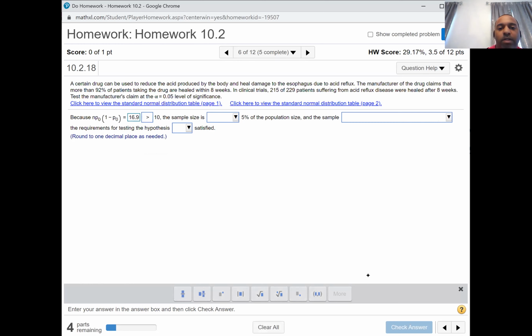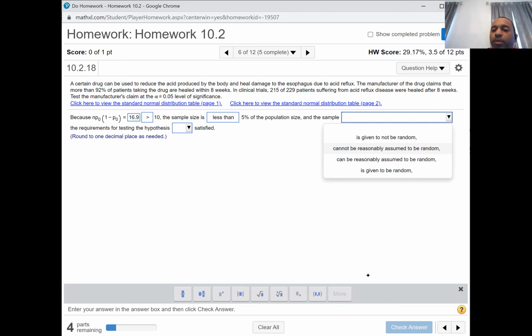It's going to be greater than. The sample size is less than 5%. So we can assume the sample size is going to be less than 5% because we got 229 people, but we are talking about a whole population. So if you only have 229 as a sample size, you can assume that that's less than 5% of the population size.